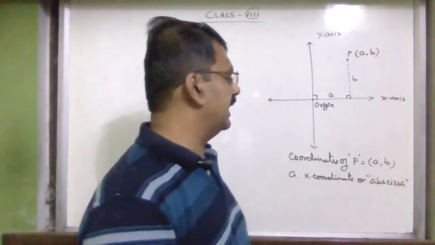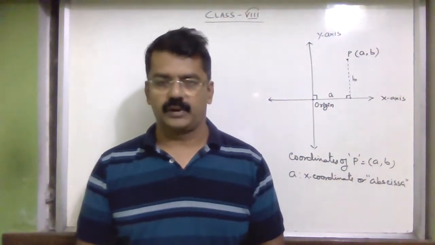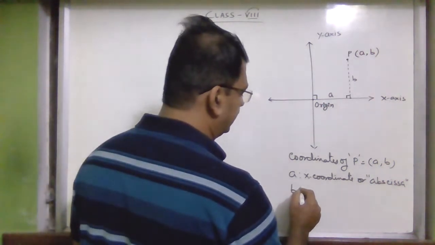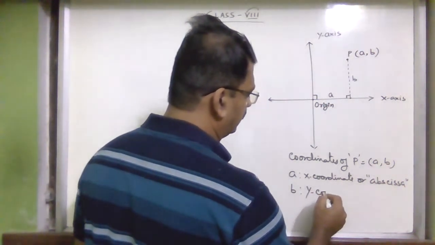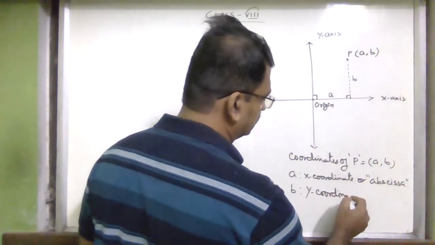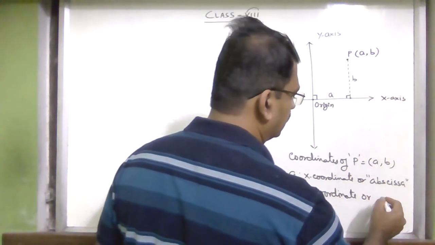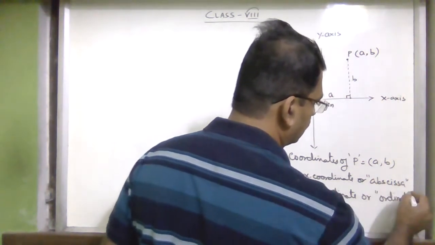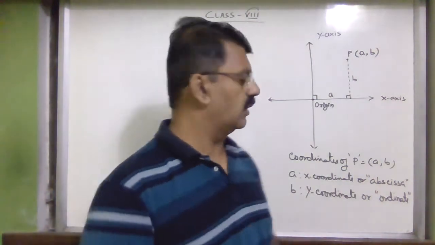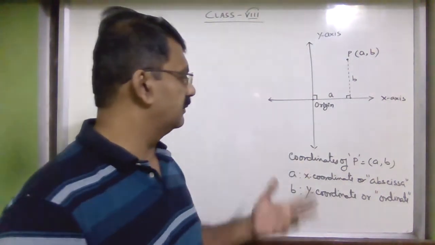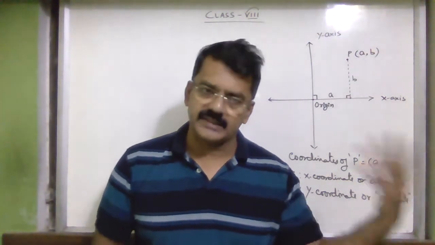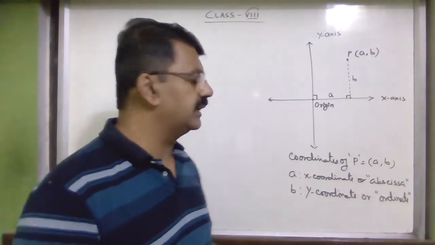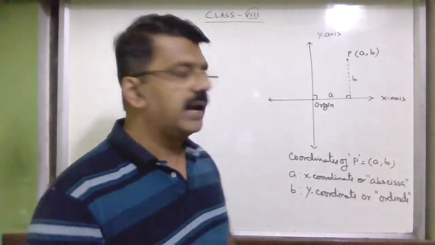This a is called the x coordinate or abscissa of the point. That is the term used, abscissa. And b is called the y coordinate or the ordinate. The second number is called the y coordinate or the ordinate, and the first number is called the x coordinate or abscissa.